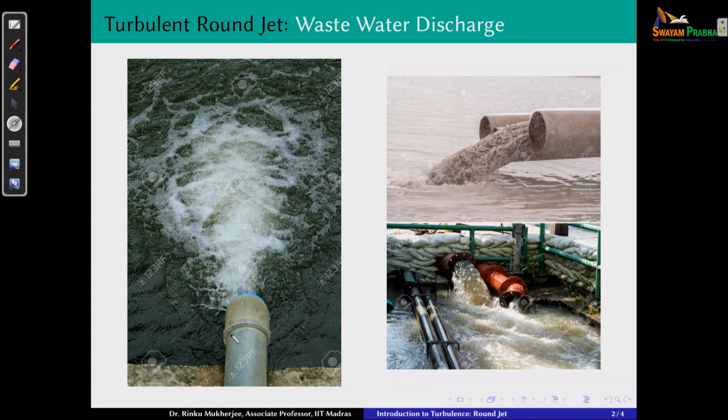I am calling this a round jet. Clearly all the pipes are round. Why am I calling this a jet? Well, there is fluid moving through these pipes, and these pipes have a certain diameter.